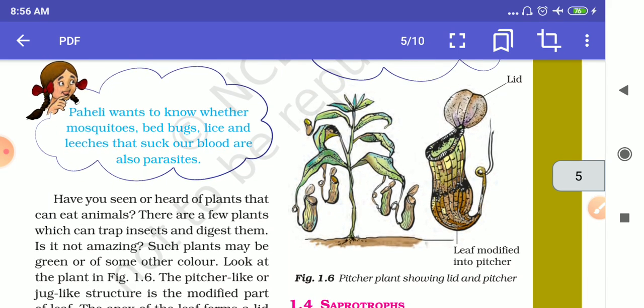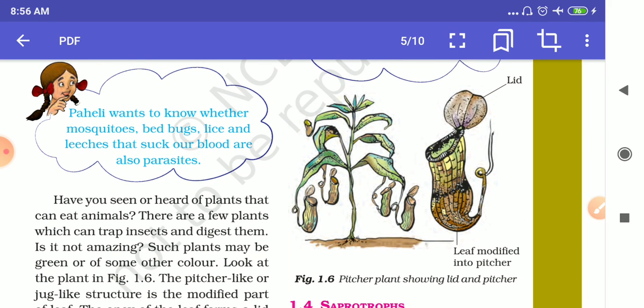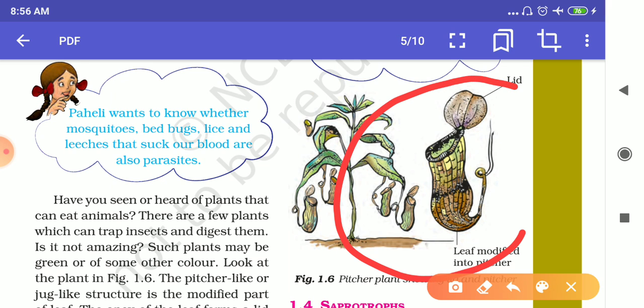See here, this is a pitcher plant. This plant has a special structure. When the small insects get inside this bag, this lid is closed. They trap the insect inside and absorb the nutrients from these little insects.